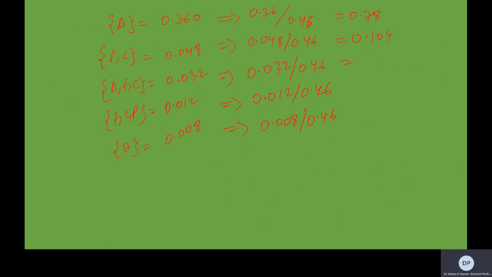Okay, next one is 0.032 divided by 0.46, it is around 0.069. Then we have 0.012 divided by 0.46, which is around 0.026.